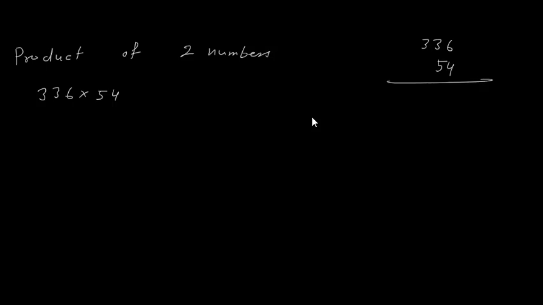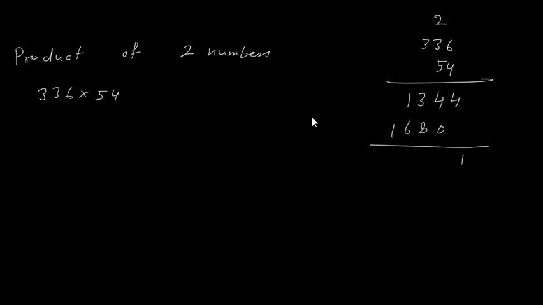336, 54. 4 sixes are 24, 2, 4 threes are 12, 12 plus 2, 14, 1, 4 threes are 12, 12 plus 1, 13, then 5 sixes are 30, 5 threes are 15, 15 plus 3, 18, 1, 5 threes are 15 plus 1, 16.